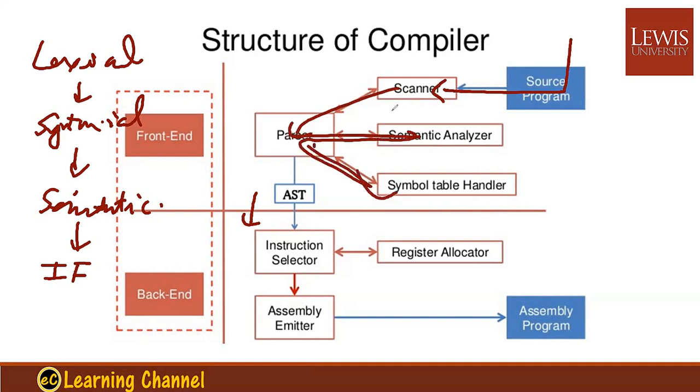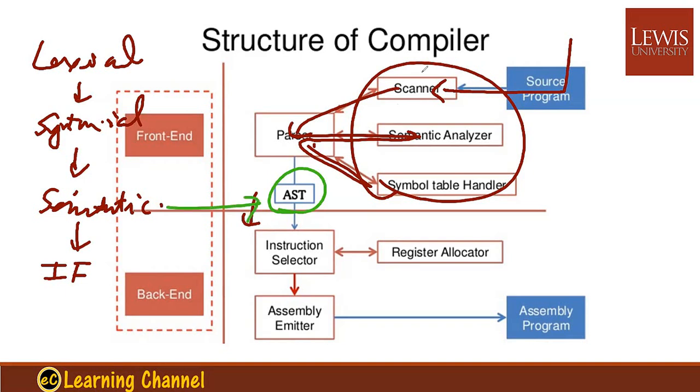As I said, these will talk to each other during the process of lexical analysis, syntax analysis, and semantic analysis. After that, you will get something called a syntax tree, and it has been annotated, that is, decorated.